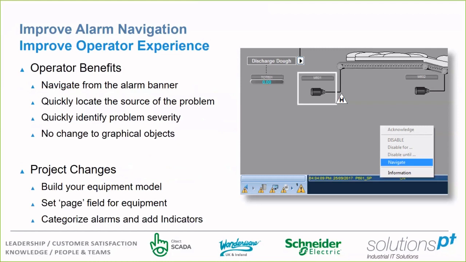To be able to leverage SCADA 2018, when you upgrade, you'll need to build your equipment model and to configure and set your page field for that equipment, and then categorize your alarms and add indicators. So it's not a complete rebuild. Quite easily you'll be able to benefit from the alarm navigation.